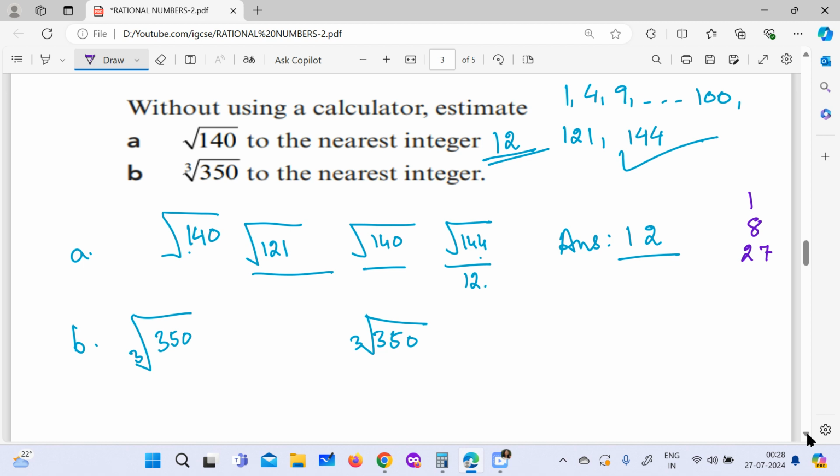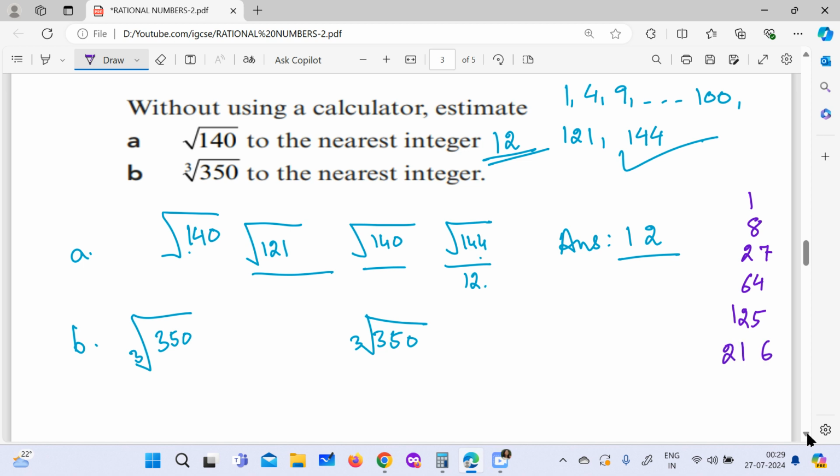So we can go to the larger numbers. Then you get 64, then you get 125. Okay, and then 6 times 6 is 36, 3 times 6 is 18.